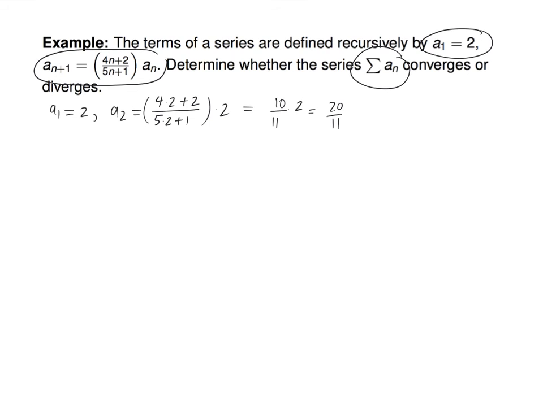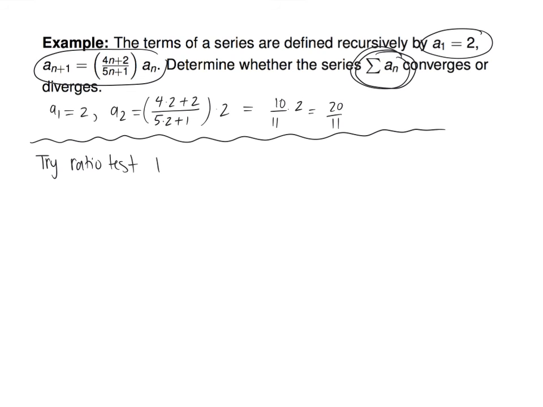But you want to figure out if the series converges. So what test could we at least try applying? You're going to be your new favorite test. Ratio. Let's try the ratio test. So limit as n goes to infinity of a_(n+1) over a_n. That always sounds bad.